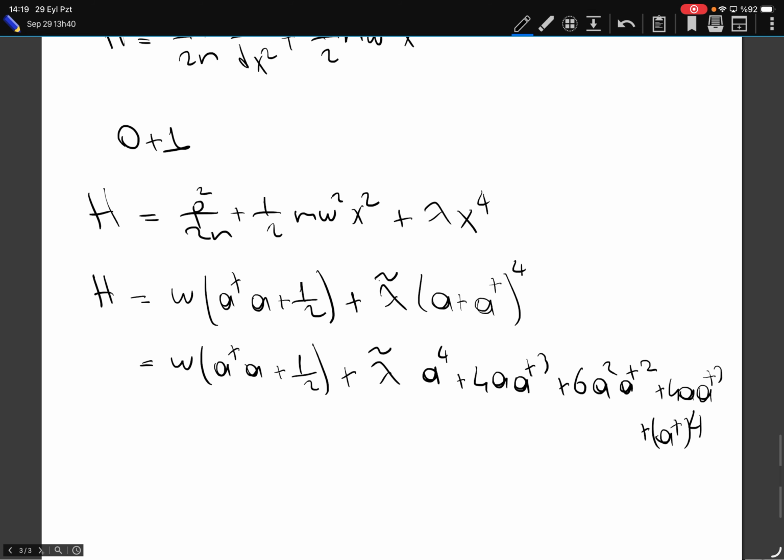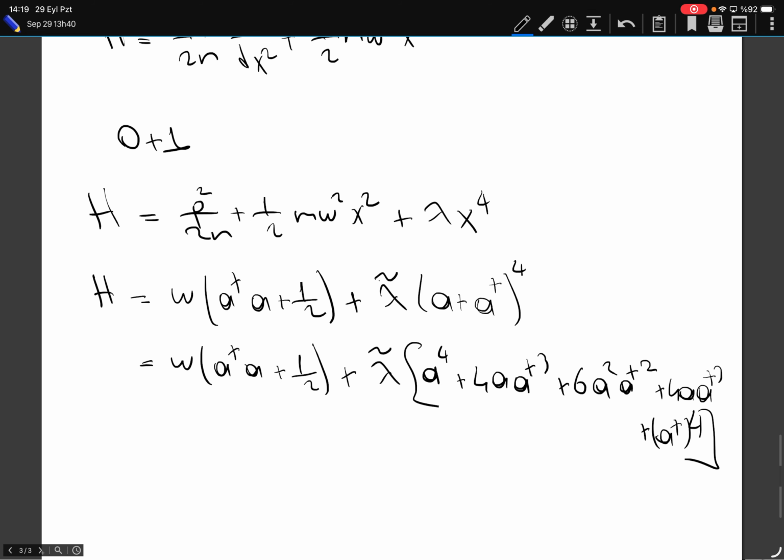Well, if you write this in the exam, you will lose points, by the way. It's a nice thing to be the professor sometimes. The fourth power of a plus a dagger is not this term. Because a and a dagger, they do not commute. But I just don't want to write them all out explicitly.